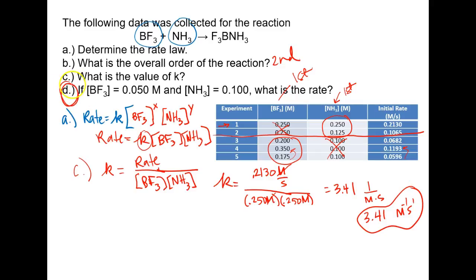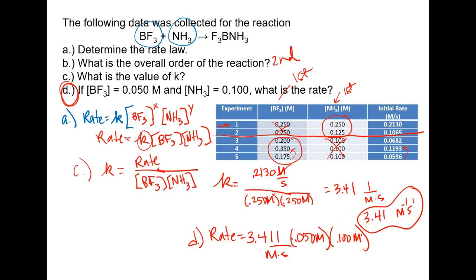And then truly, the last portion, letter D, is probably the most useful part of having a rate law, in which case we can give you 2 random concentrations and ask you to determine the rate for those concentrations. And so letter D, rate equals, I'm going to put in my rate constant, 3.41, 1 over molarity seconds, times, we have a BF3 concentration of 0.05 molar and an NH3 concentration of 1 molar.